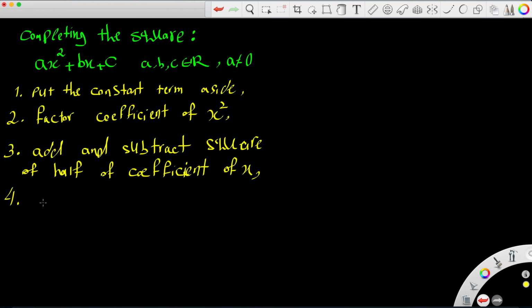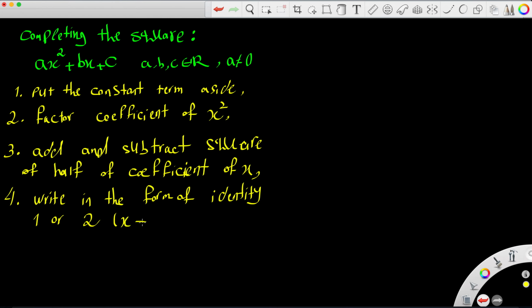Step 4, write in the form of identity 1 or 2, which is one of these forms, x plus k squared or x minus k squared.